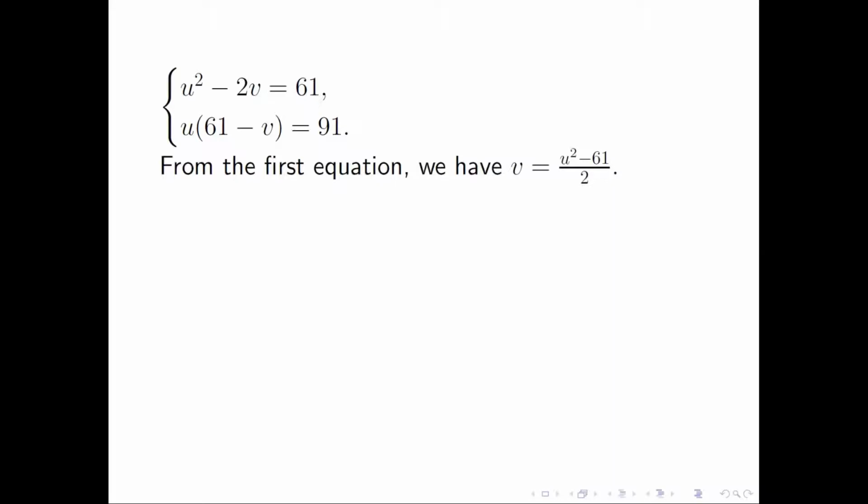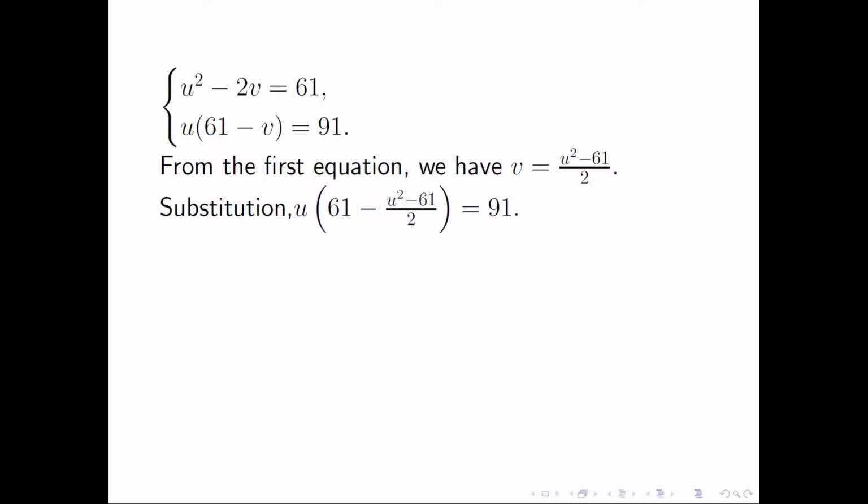From the first equation, we solve for v in terms of u. v equals u squared minus 61, divided by 2. Plug into the second equation, replacing v with the expression in u, u times 61 minus v equals 91.